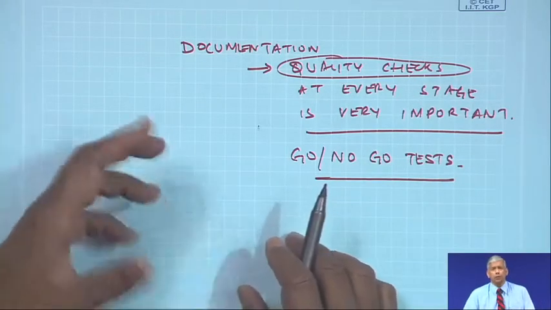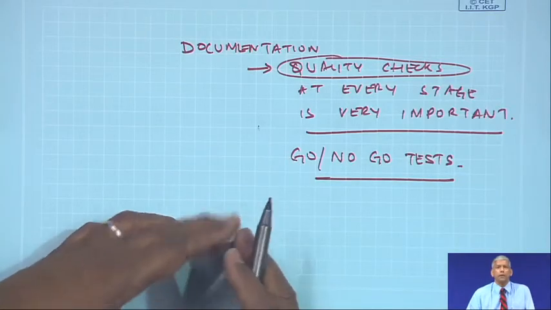If you refer to one of the classes on dye penetrant test, I talked about using dye penetrant to find out whether the cylinder block which has been cast has a surface crack.